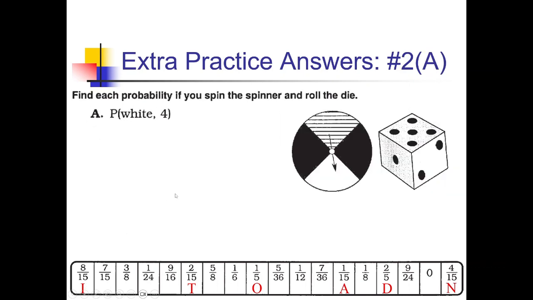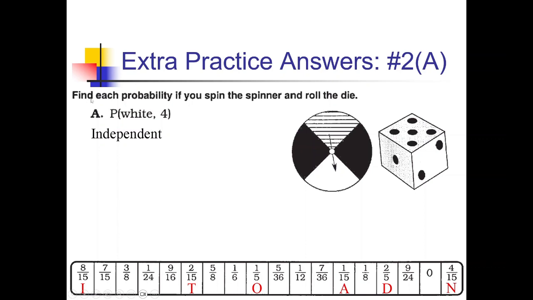For problem number 2, the next several parts of this, we have a spinner this time and a die, a 6-sided die, hopefully a fair one. Our spinner has 2 black spaces, a white space, and a striped space. And the die, again, you have 6 numbers there. These are going to be independent probabilities when we spin and roll both of these, because what I spin on the spinner and what I roll on the die have nothing to do with each other.